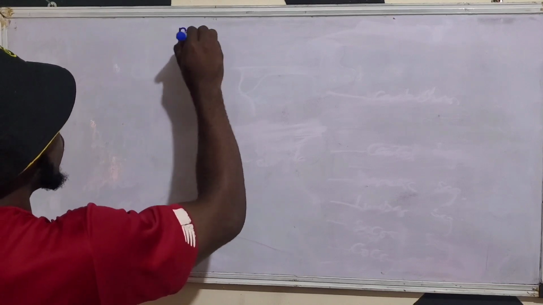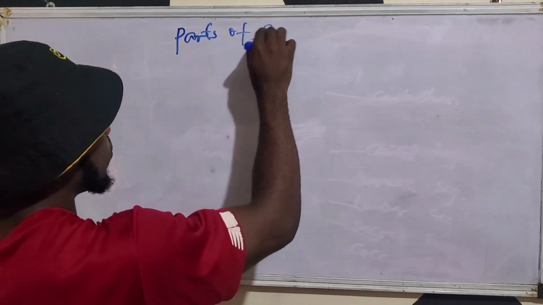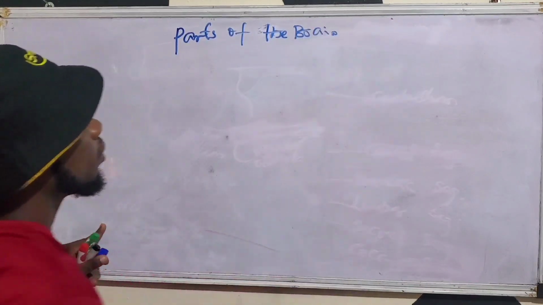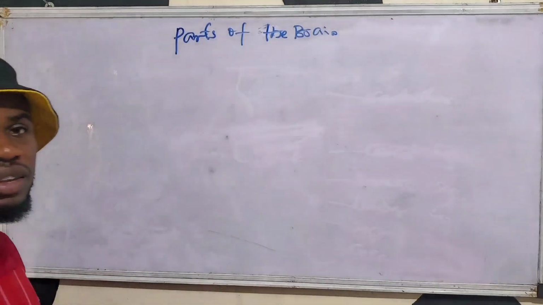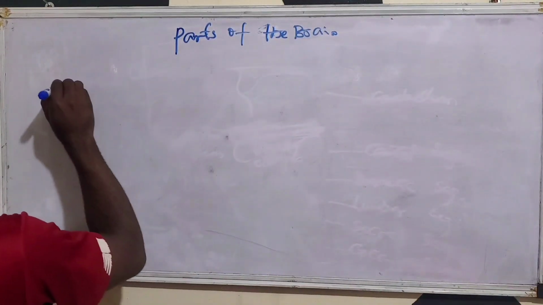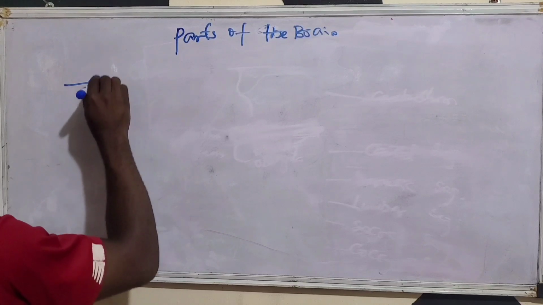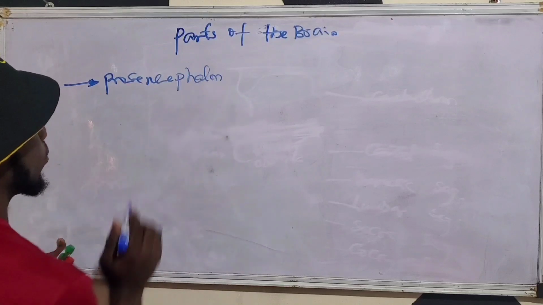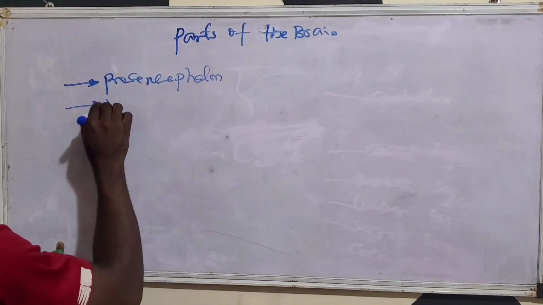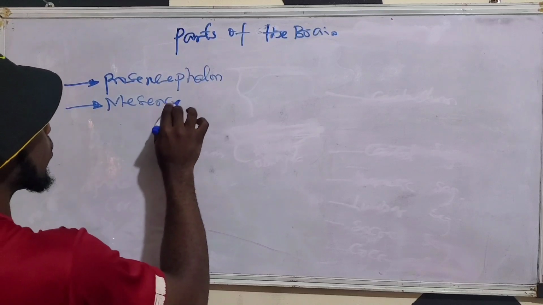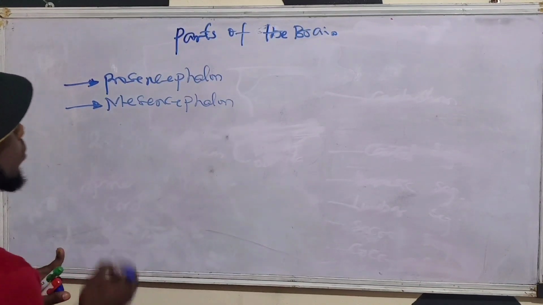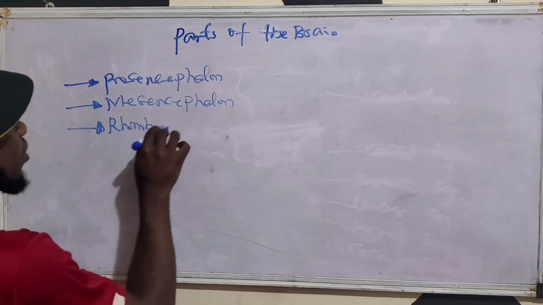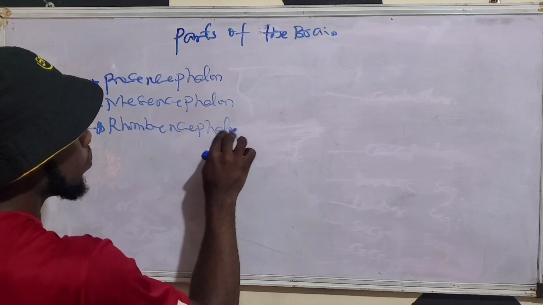Part of the brain. The brain is divided into three parts, which are the prosencephalon, the mesencephalon, and finally the last one, the rhombencephalon.